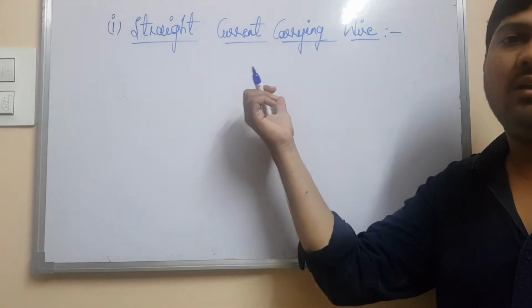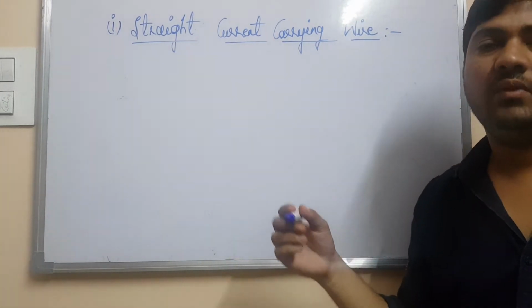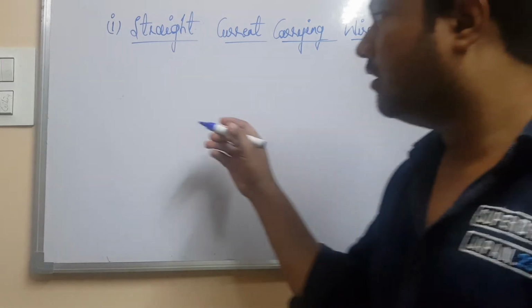In this type of wire, magnetic field will be around the wire in the form of circular rings.